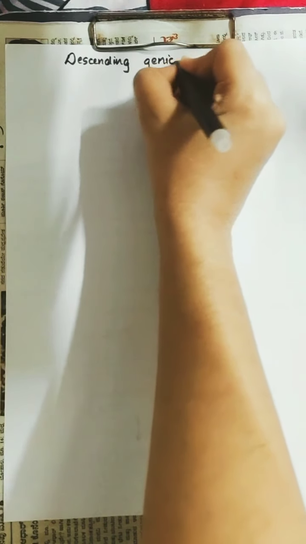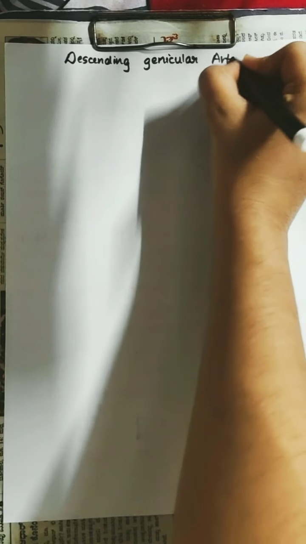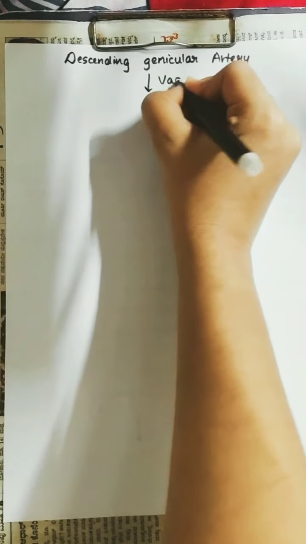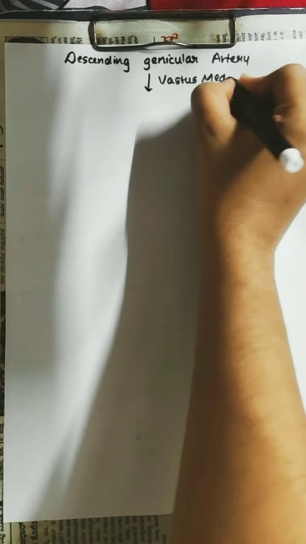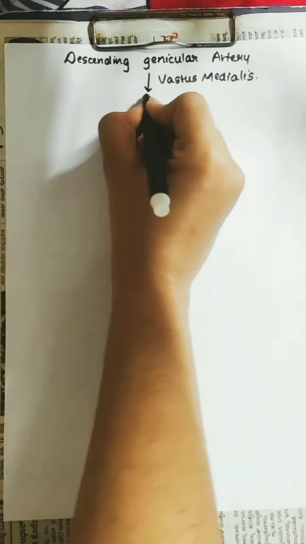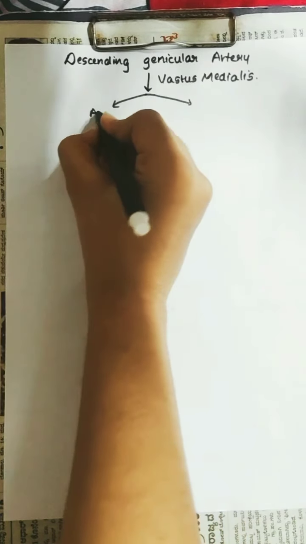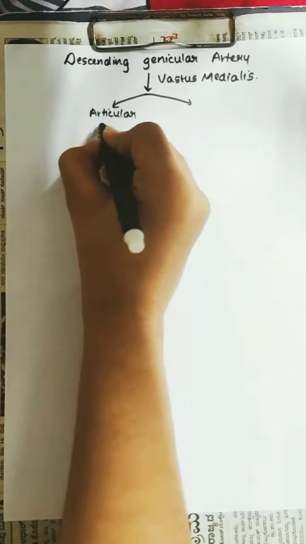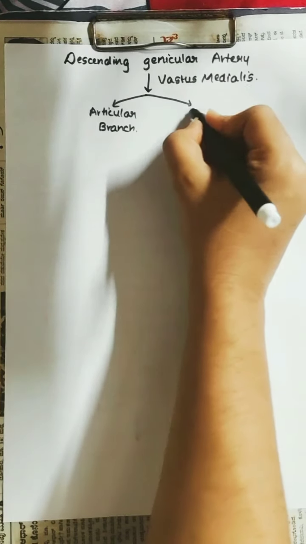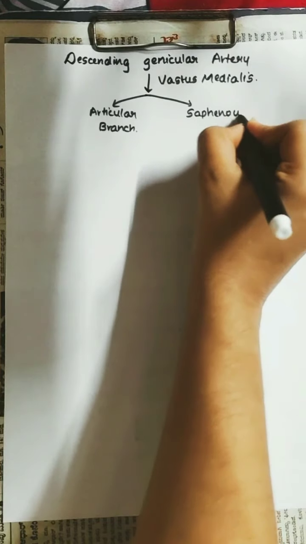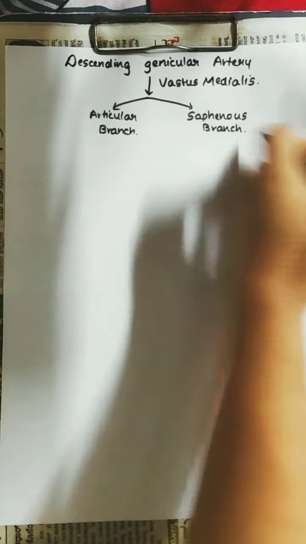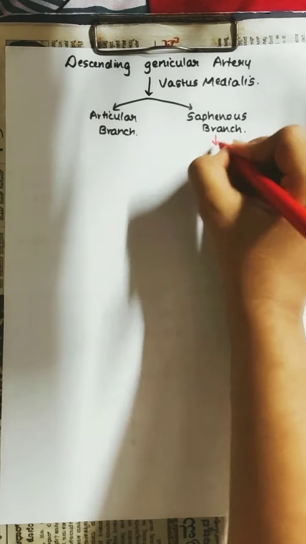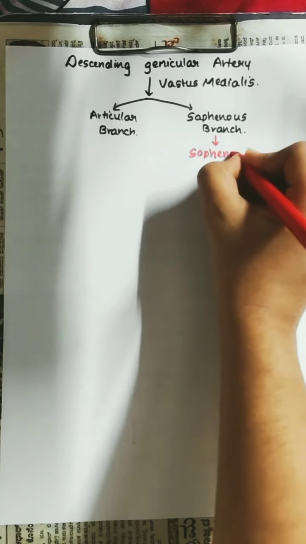One is the articular branch and another one is the saphenous branch, to supply the saphenous artery.